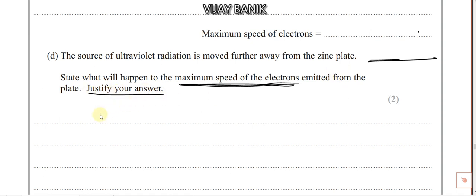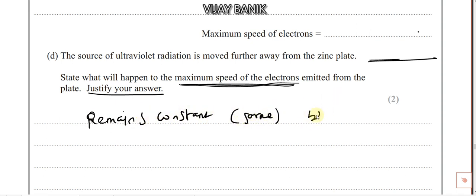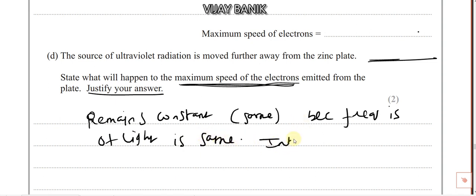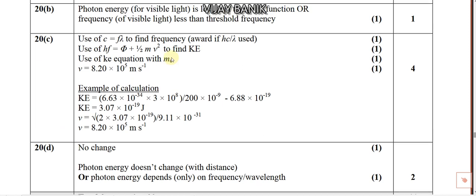Justify your answer. You have to say it remains the same, remains constant, or just say same. Why? Because the frequency of light is the same. Intensity decreases, remember that, if you take the light source away. So there is no change.